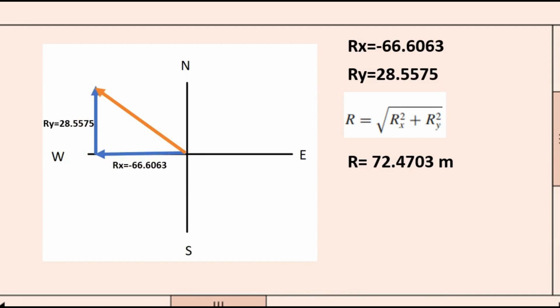Therefore, our resultant lies on the second quadrant. To compute for the direction, we will use arctan of r sub y over r sub x. This is equivalent to negative 23.2073. So the angle here is equivalent to 23.2073.